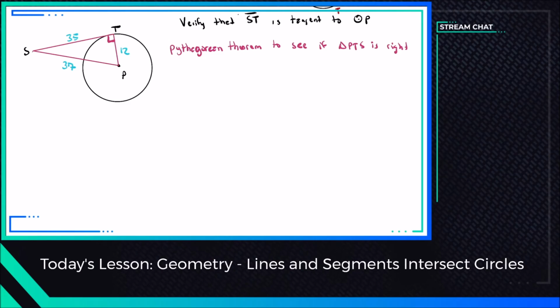So all we need to do is verify that 12 squared plus 35 squared is equal to 37 squared. And if you bust out a calculator, you'll see that that does indeed equal that. So thus, the segment ST is perpendicular to TP, and so this line is perpendicular to the radius, so ST is a tangent segment.